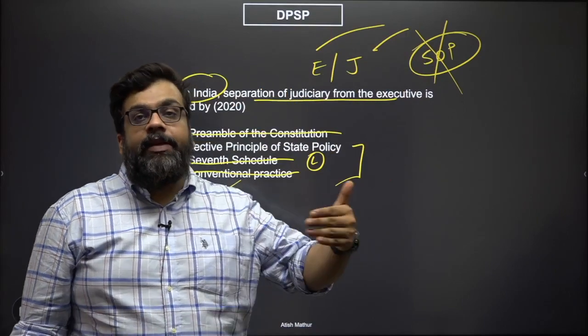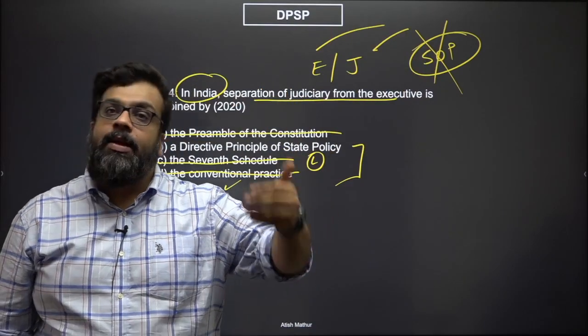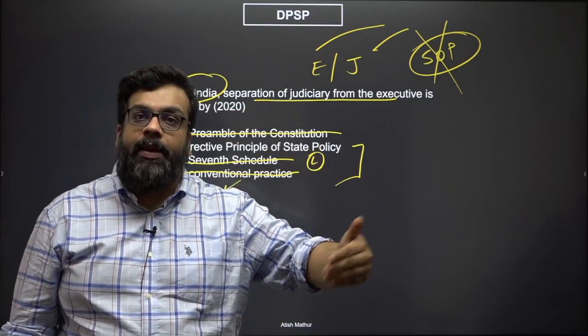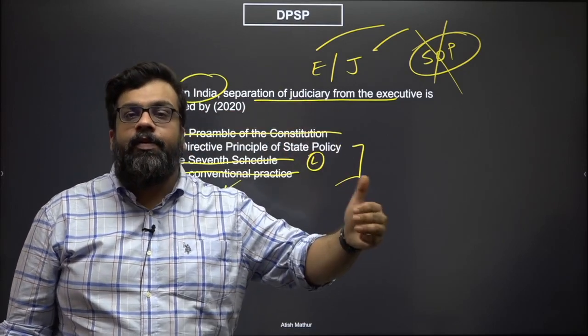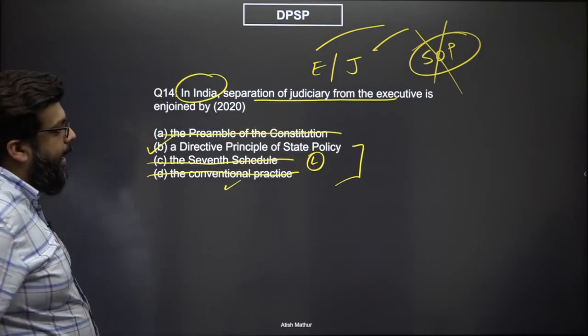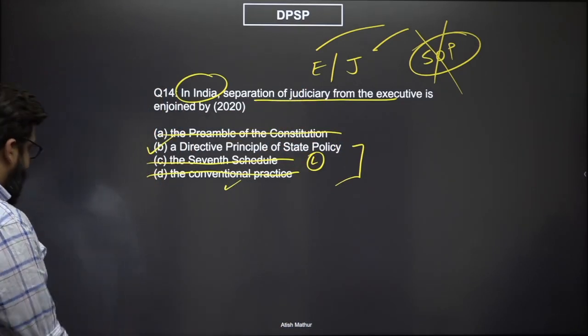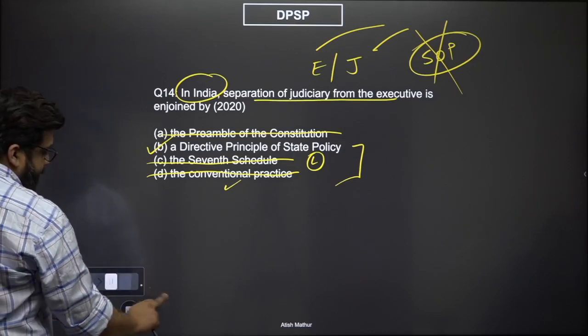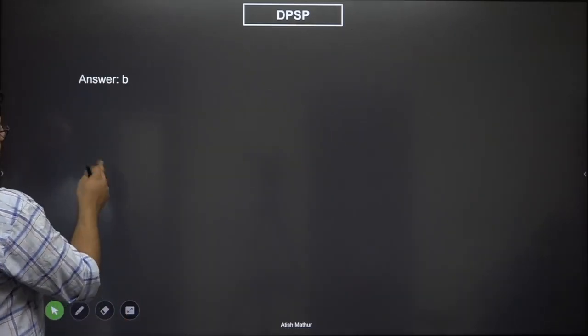That means only if the government is in a position to do this, will the government be able to spend money to fill the unfulfilled judicial vacancies. Sounds like a directive principle, and it is. Your answer should be B. Let us quickly check. Yeah.